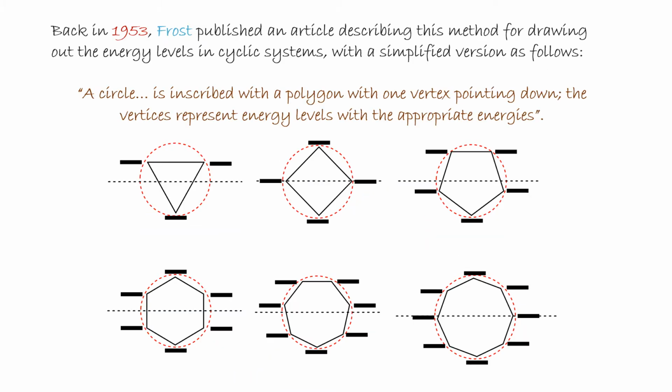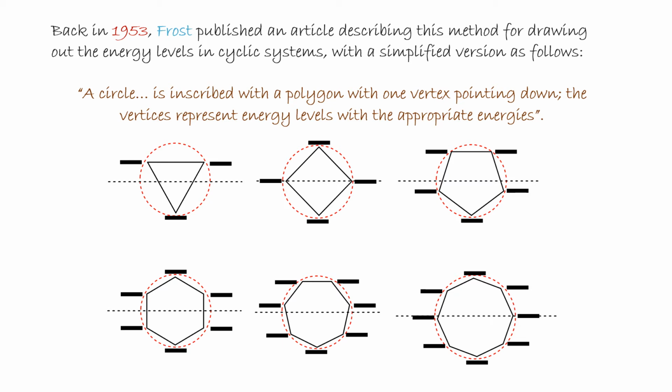Another way to explain the stability or instability of the cyclopolyenes is by the distribution of their electrons on molecular orbitals. But how can we draw the molecular orbitals of cyclopolyenes? Back in 1953, Frost published an article describing this method for drawing out the energy levels of cyclic systems, in simplified version as follows.